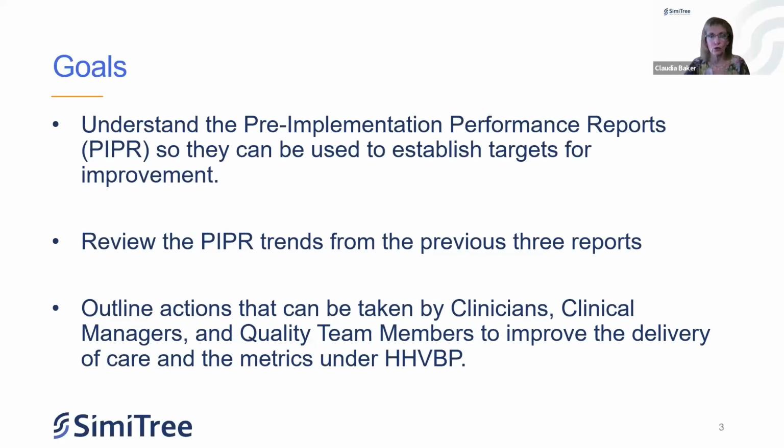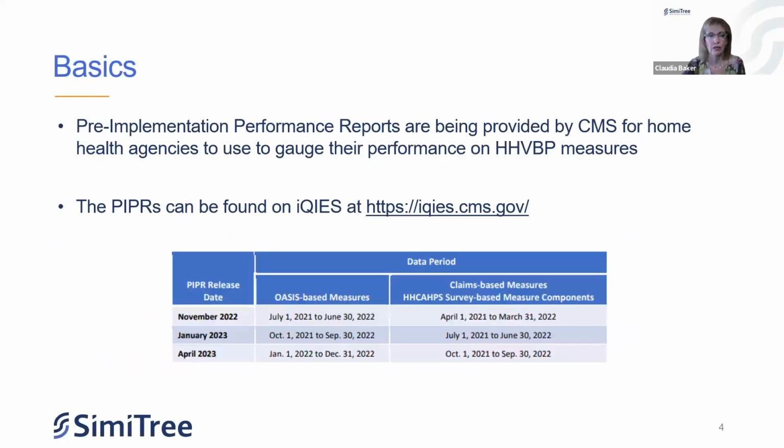Then we will finish up today by looking at a lot of actions that clinicians, clinical managers in the agencies, your quality team members, everybody in the entire agency can take to help improve the delivery of care and all these metrics under home health value-based purchasing.